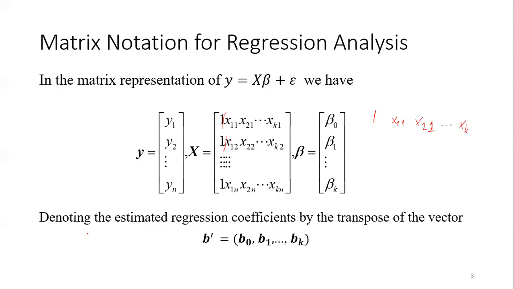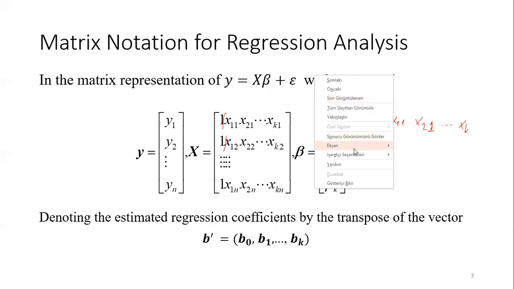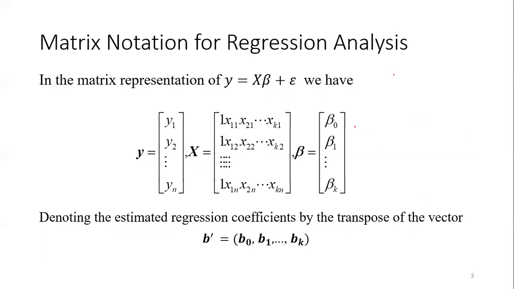Let me just do this using our example. Our example was that we have three betas, so it will be something like this: 1, x1,1, x2,1, x3,1.